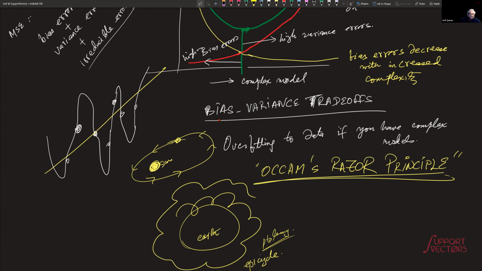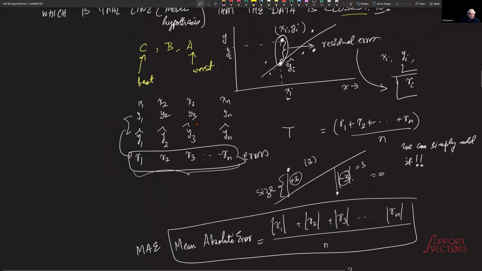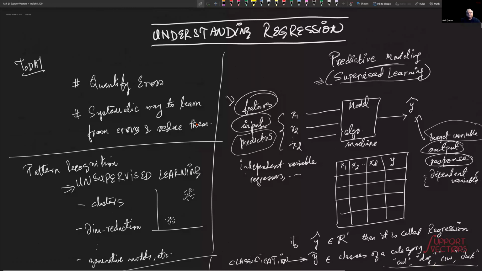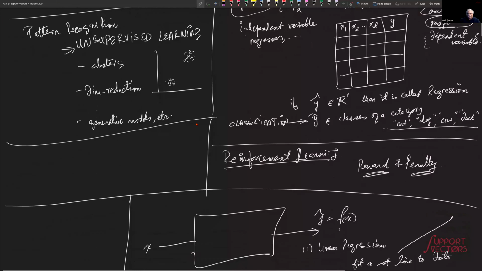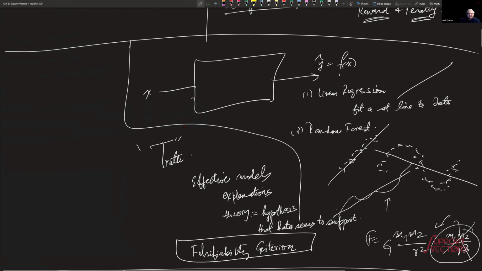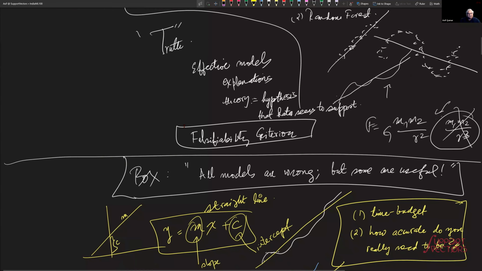So I'll summarize. What did we learn today? We learned about these ideas, regression. We reviewed what is predictive modeling or supervised learning, what is unsupervised learning, pattern recognition, what is reinforcement learning. We learned about regression. It produces a number, whatever the input. We also went on to a digression saying that science is not about the truth with a capital T. It's about practicality.